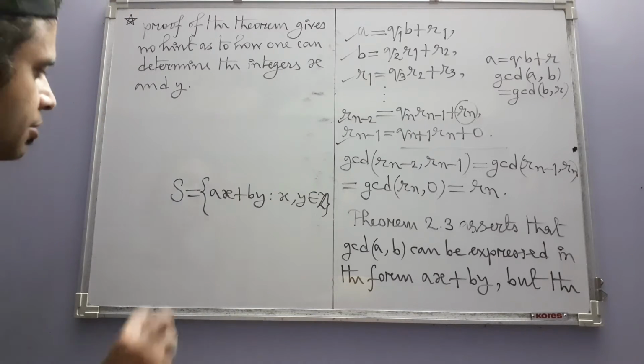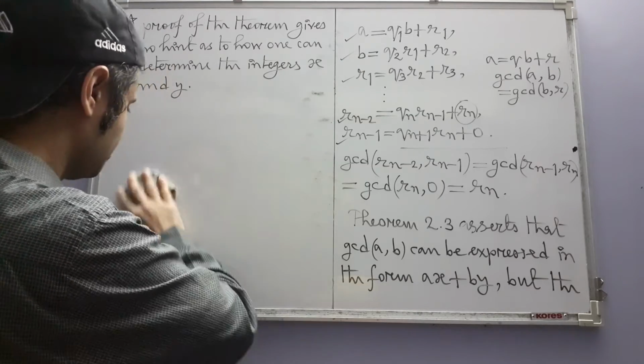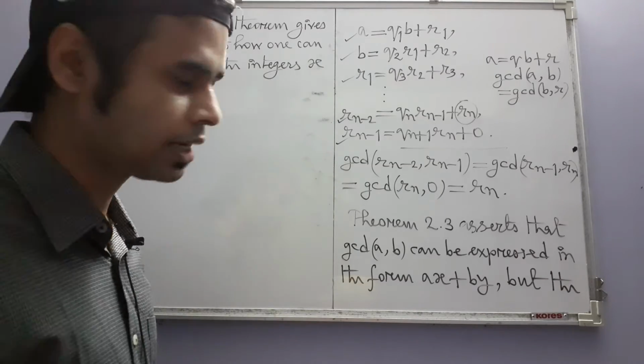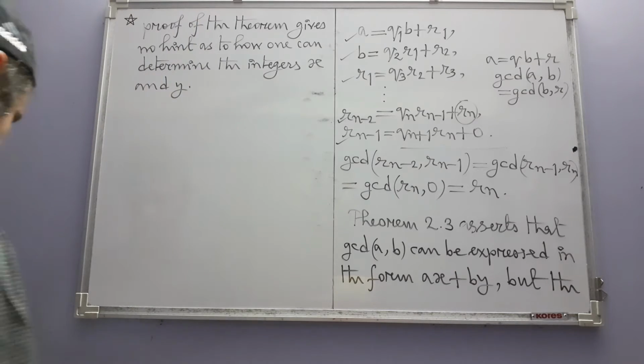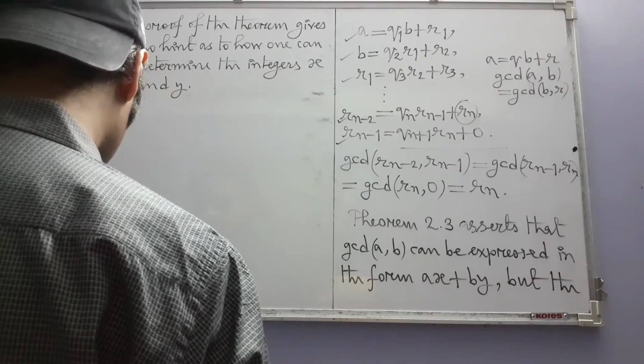Now, however, we will be able to rectify the situation. Rectify means we can improve the situation and find the x and y. For this, we fall back on the Euclidean algorithm.